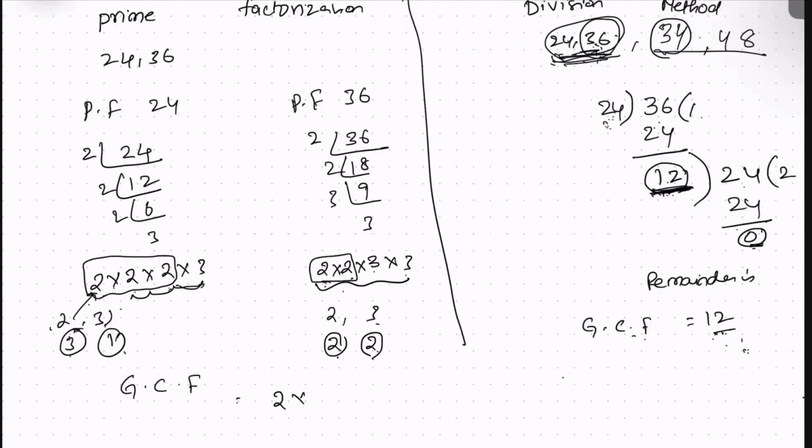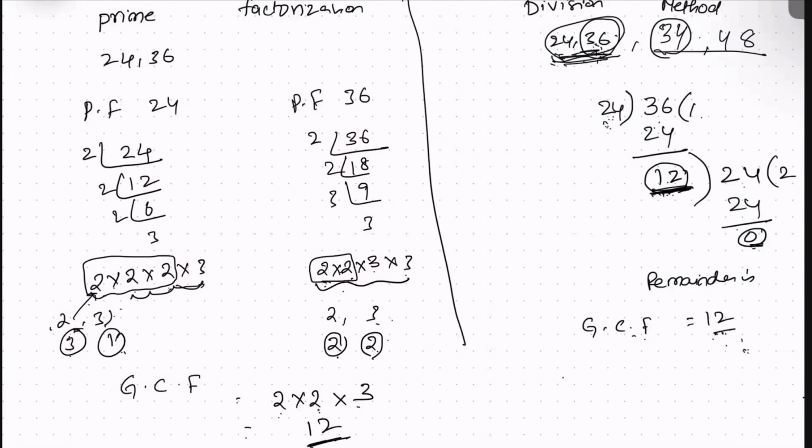So you just place 2 times 2. The next factor is 3. 3 occurred 1 time here and 2 times there. What is the minimum number of occurrences? It is 1. So always we have to choose the least number of occurrences of the factor. So now the GCF is equal to 2 times 2, 4, and 4 times 3 is 12.